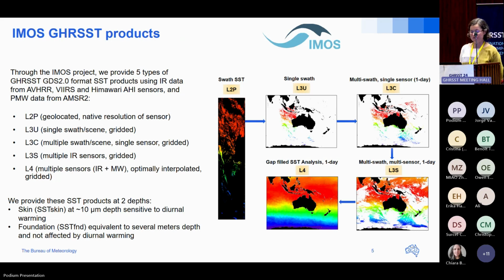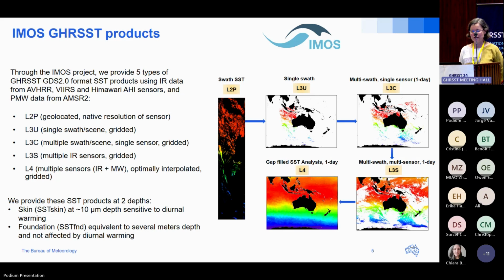L3C are multiple swath and/or scene from a single sensor and gridded. L3S, which are multiple infrared sensors and gridded, or level 4, which are multiple sensors from infrared or microwave, and they are optimally interpolated to produce a gap-free product.